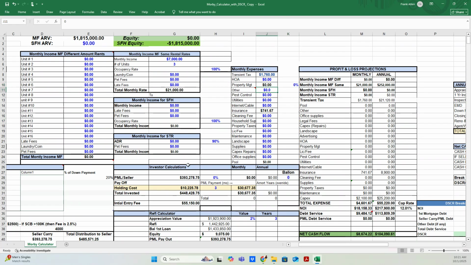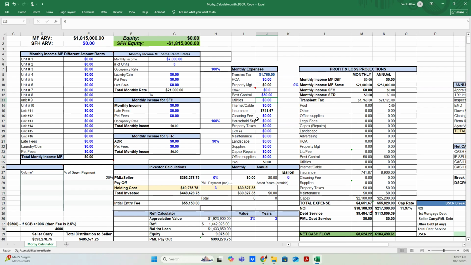Other, I just put in there because, like I said, you never know. Every time I get a monthly expense report, somebody's got an extra expense that somebody else isn't paying for. So I can always add things by copying and pasting, just making this grow bigger. Pest control, he didn't really have one, but I'm going to put 50 in there, though it probably should be 100.